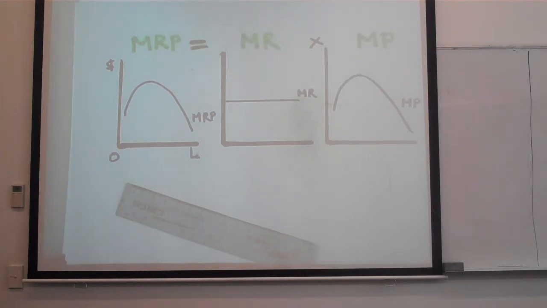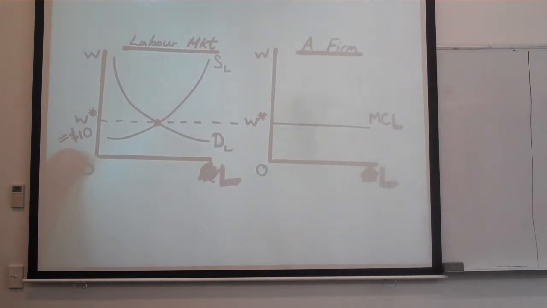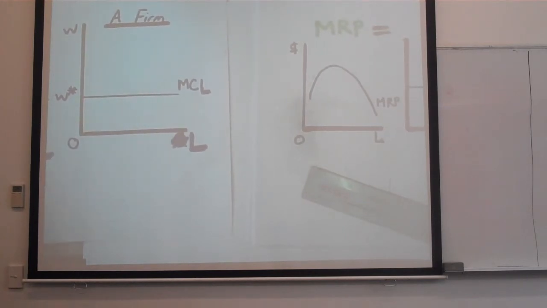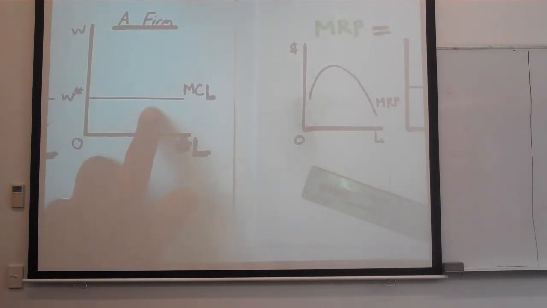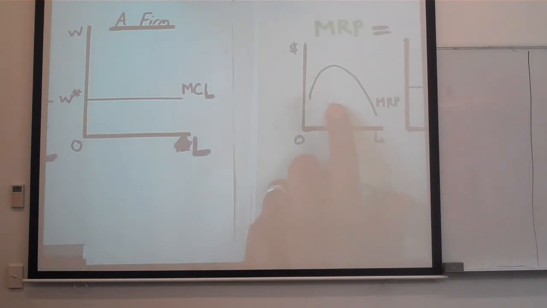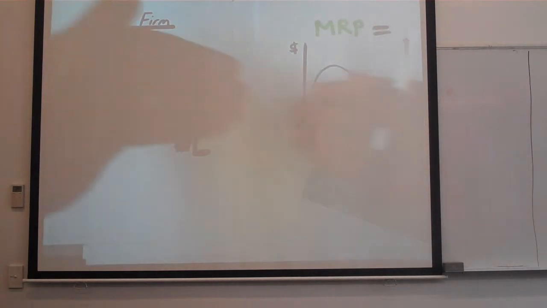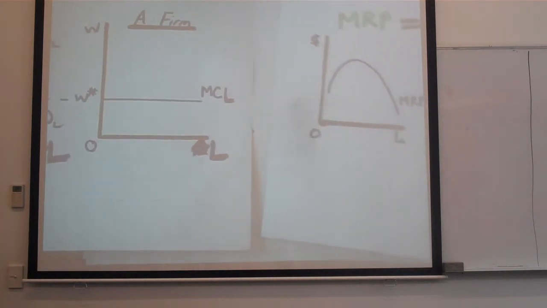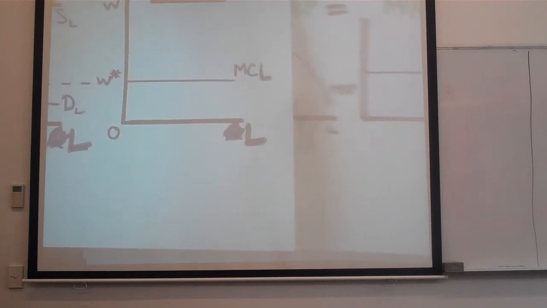So MRP is also an upside down U-shape. And we've just established before that MCL is a horizontal line. To build our model of the labor market, we bring these two together. The extra cost of an extra worker, MCL, marginal cost of labor. The extra benefit of an extra worker, MRP, marginal revenue product. Let's bring the two together and then we will see what the model tells us.